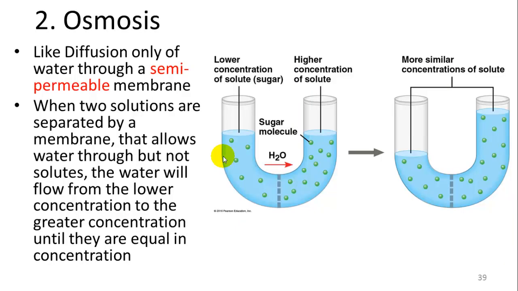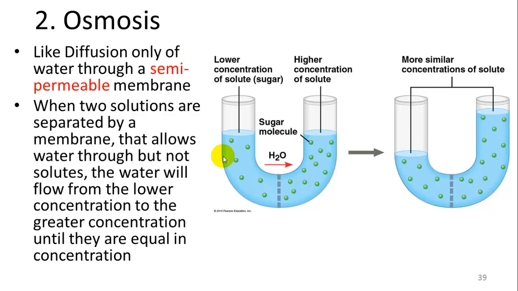Osmosis then is like diffusion, except it's through a semi-permeable membrane and the water is flowing, not the solutes. So if you have two solutions separated by the semi-permeable membrane that will not let the solutes through, but will let the water through, the water will go through the membrane to even out the concentration of the solutes.